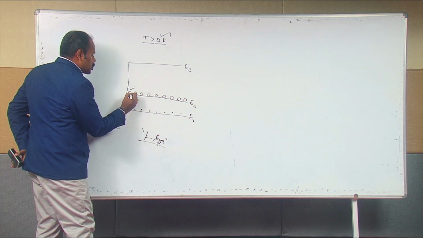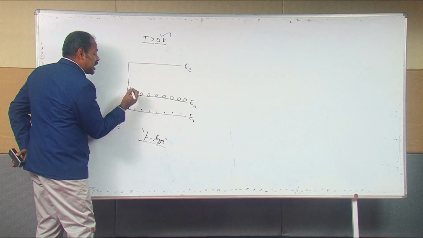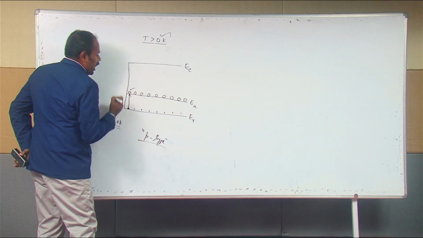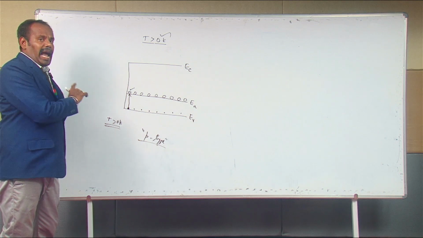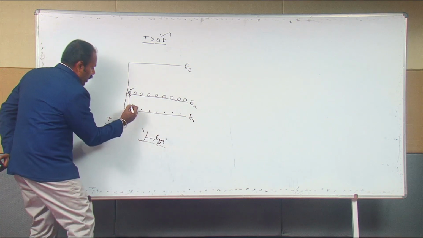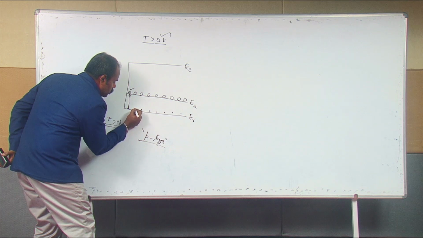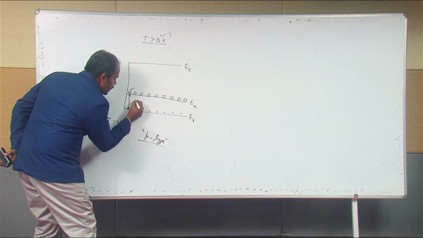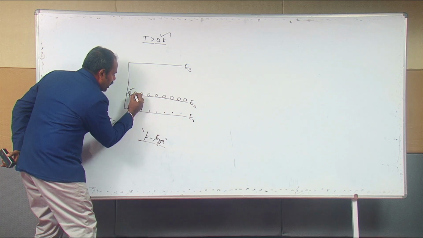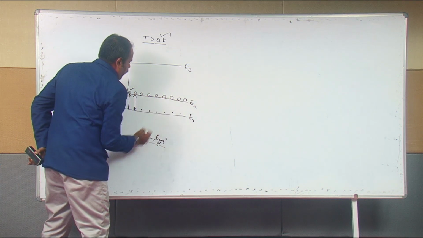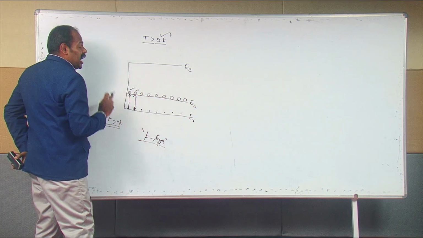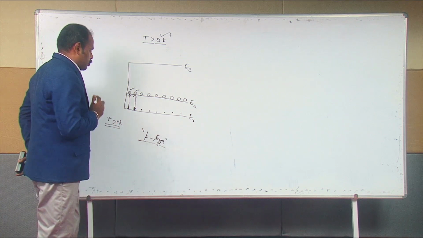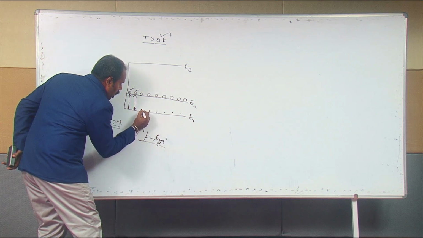Once an electron occupies the acceptor site, it is gaining an electron, and thereby it becomes a negatively ionized acceptor atom. If another electron from the valence band makes the transition and occupies an acceptor site in the acceptor energy level, then you have the creation of another negatively ionized acceptor atom.